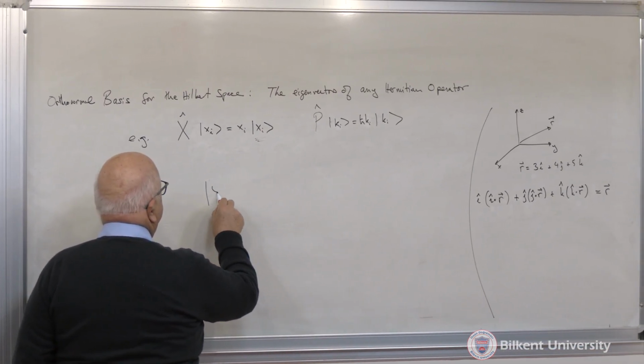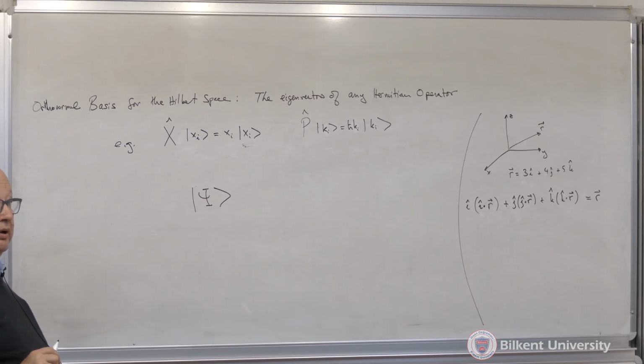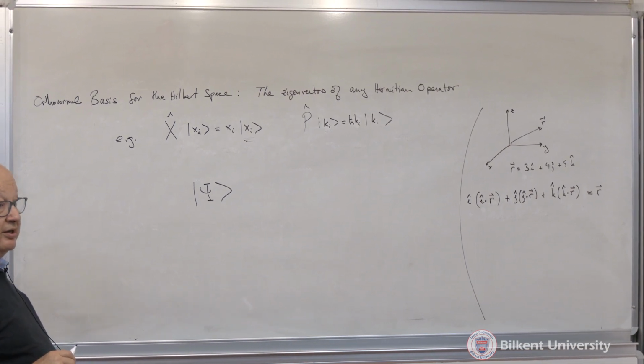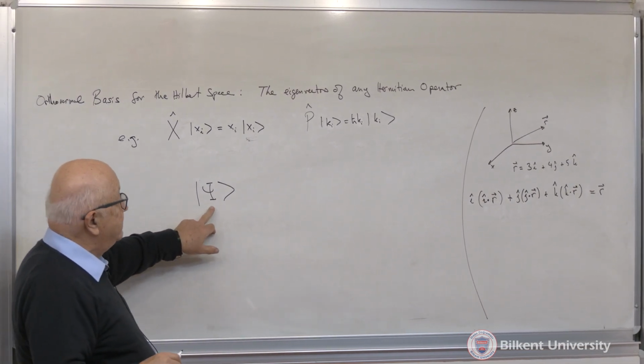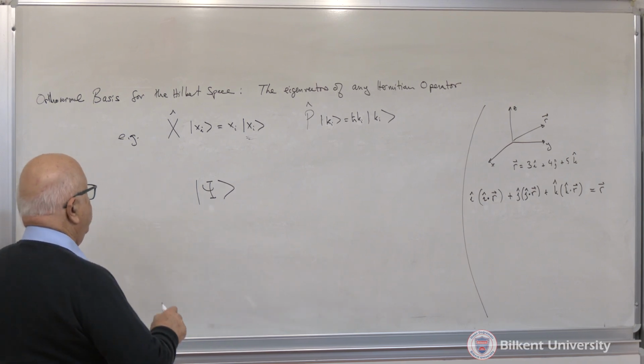So if I then do the same thing on this vector, how do I do it? I take this psi and find the component of this in a certain x direction. How do I do that?